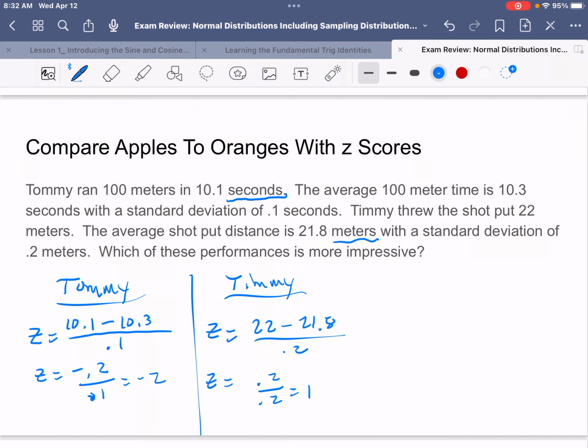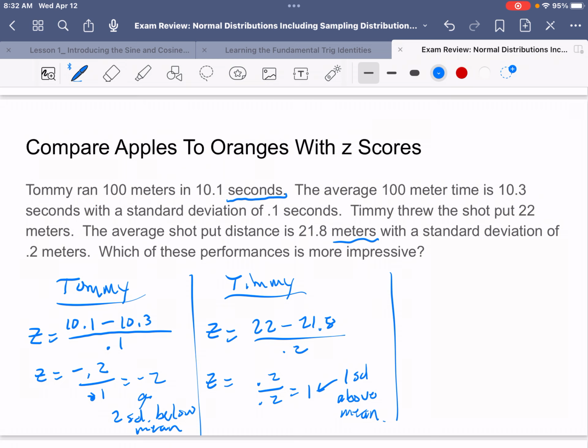So, Tommy's z-score says that he was 2 standard deviations below the mean, and Timmy's z-score says that his throw was 1 standard deviation above the mean. Now, in most circumstances, a positive z-score would be construed as being better than a negative z-score.